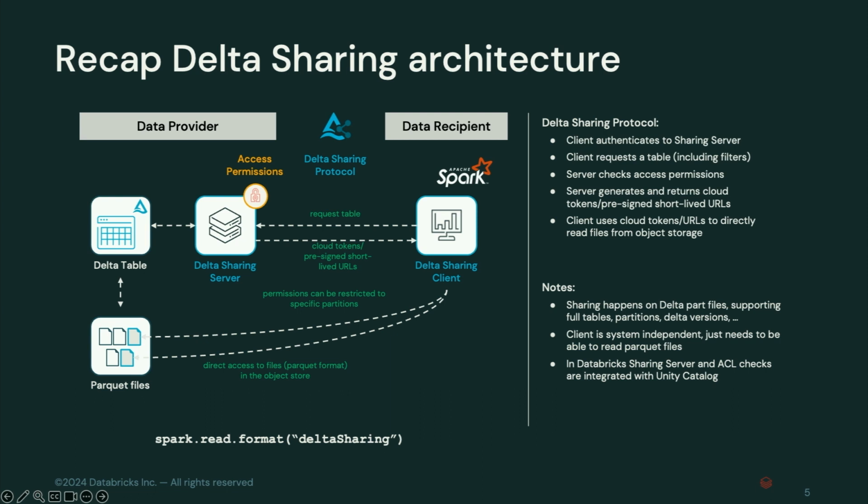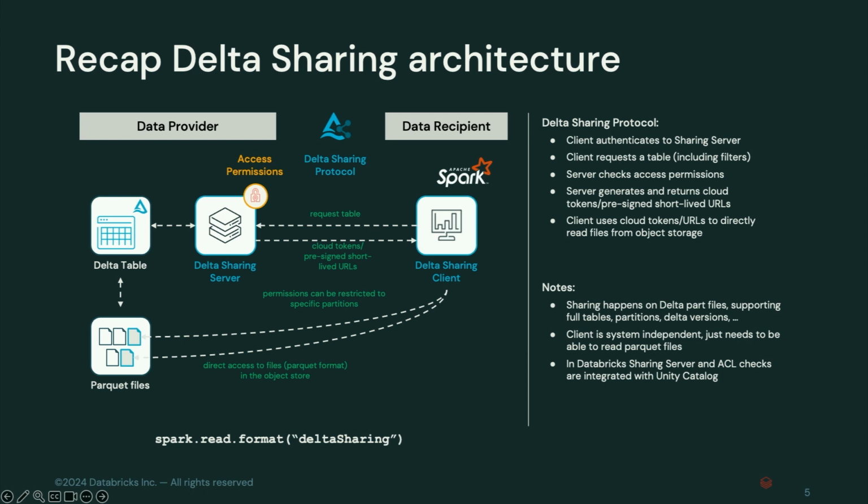So the first thing that's going to happen when a client requests a table is they're going to connect to the sharing server, request the table. That could have partition filters on it because you can have customized permissions according to what partitions people have requested. So that all gets passed to the server, and the server checks against Unity Catalog to say, does this person have permissions to this data?